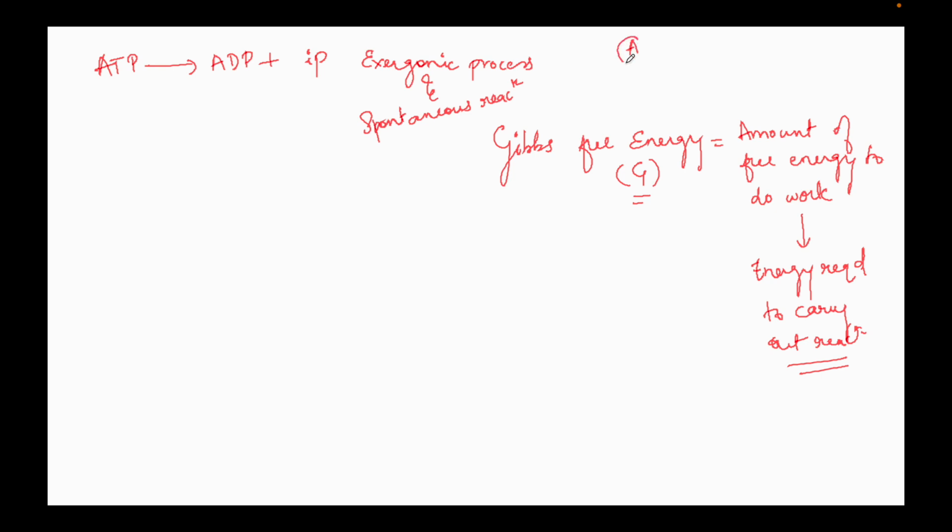Why? Because ATP has adenosine bound to 3 phosphates. These are the 2 phosphates and the third phosphate is attached via this very high energy bond.